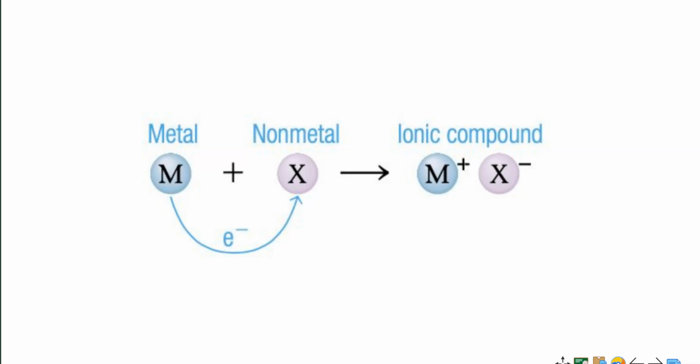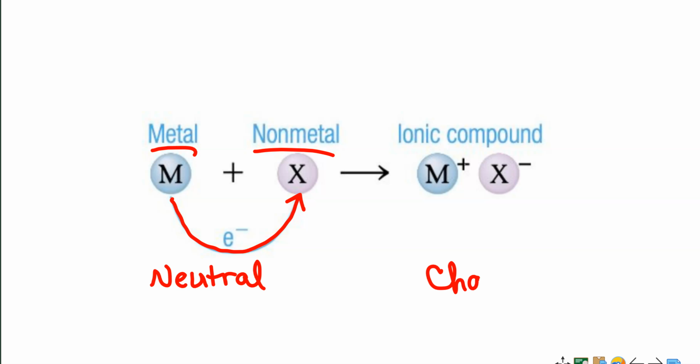Now, the way ionic bonds form is a metal gives an electron to a non-metal. We notice that it follows this arrow. These are neutral at first, and then they become charged after the electron trades places. Once they're charged, we have a positive and a negative, and they actually attract each other.